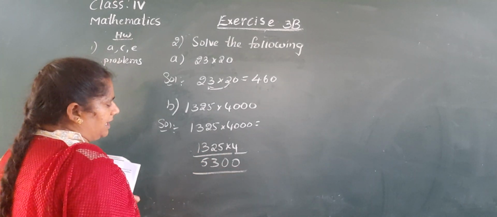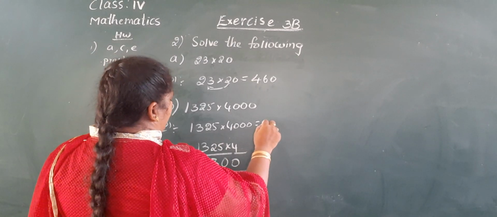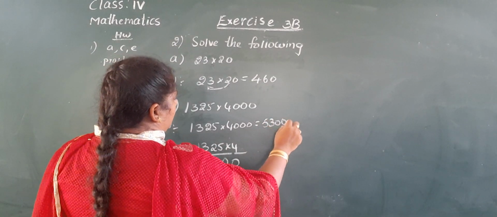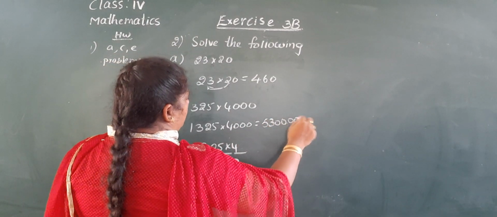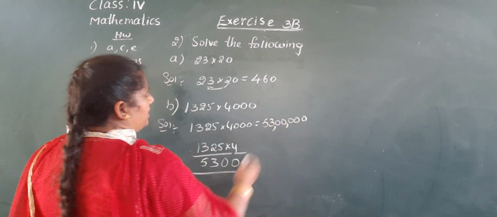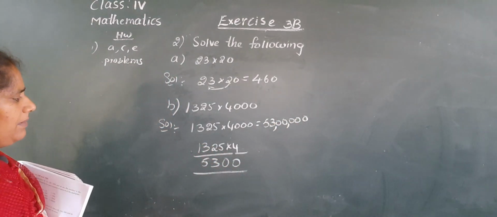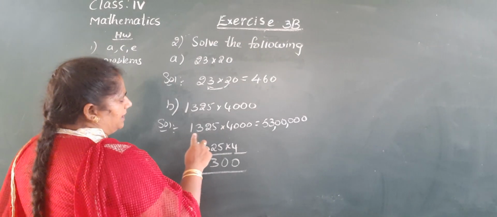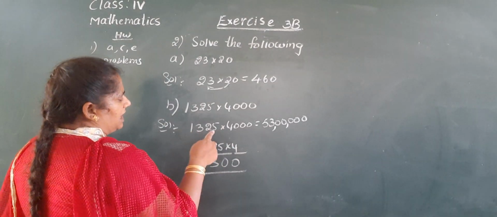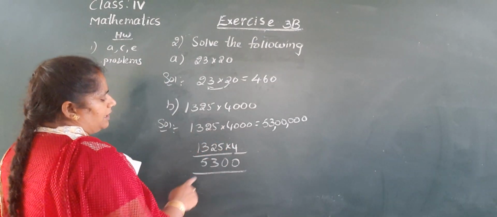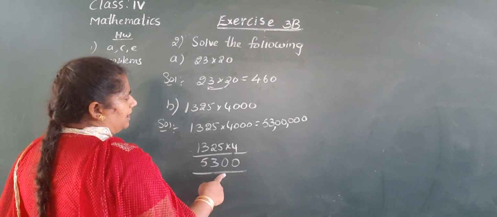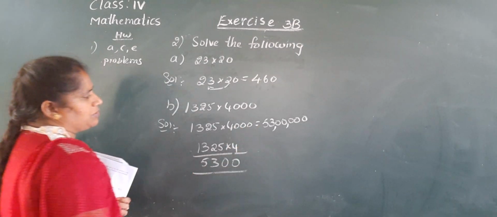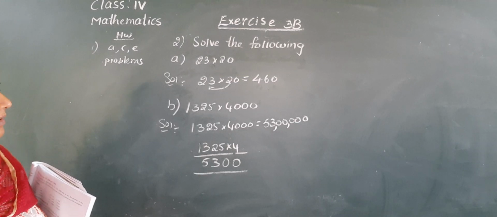So 5300. Now we'll write 5300 and keep 3 zeros. So it becomes 53 lakhs. Okay, ma? So first you multiply the numbers. 1325 into 4, then we'll get 5300. Later we'll keep 3 zeros to the right side of the product. Okay?